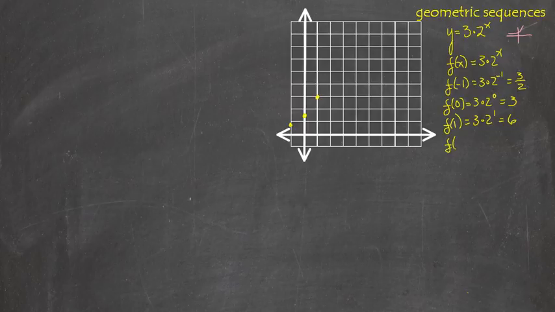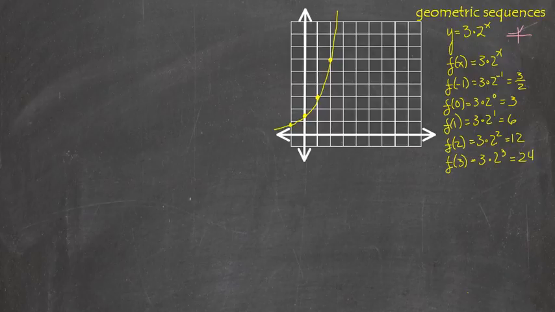The f of 2 is 3 times 2 squared, which is just 4 times 3, which is 12. And I think I'm out of values on the graph. Let's just see. 3 times 2 cubed. So 2 cubed is 8 times 3 is 24, and that's off my graph. So if I were to graph this as a function, it would look like that.